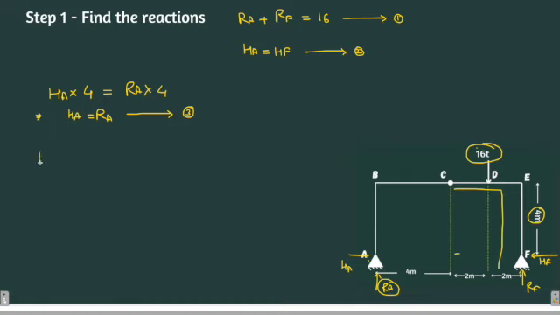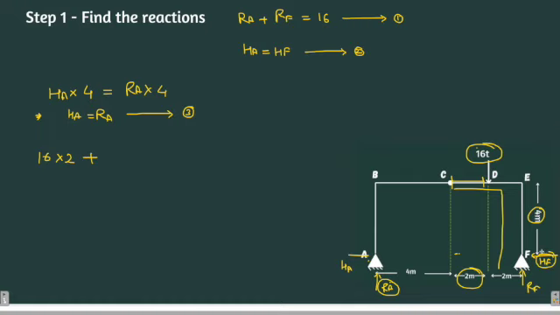So we'll write 16 into, what is the distance between the 16 load and point C? It is 2 meters. 16 into 2 meters. So I'll write a plus sign for another clockwise moment.